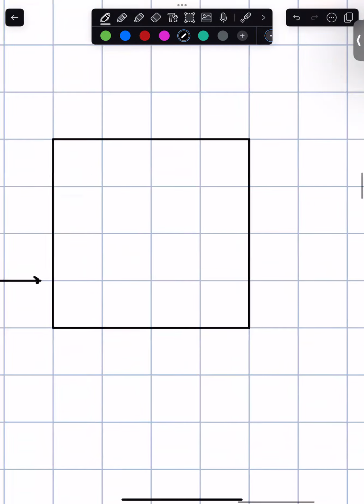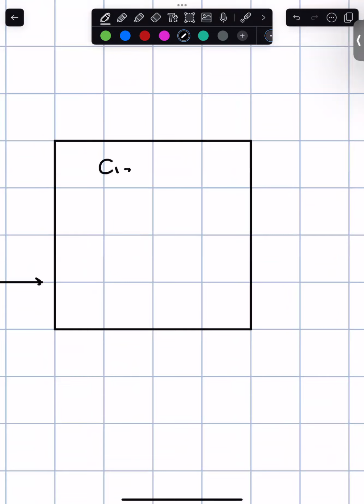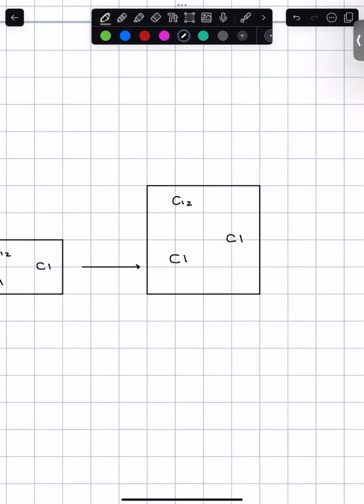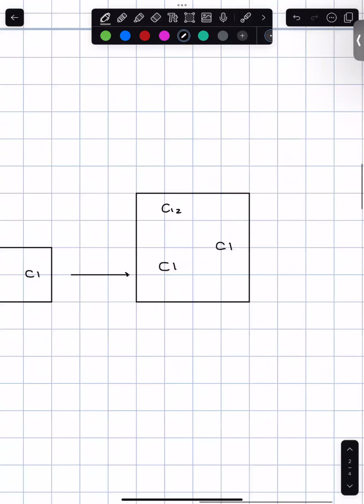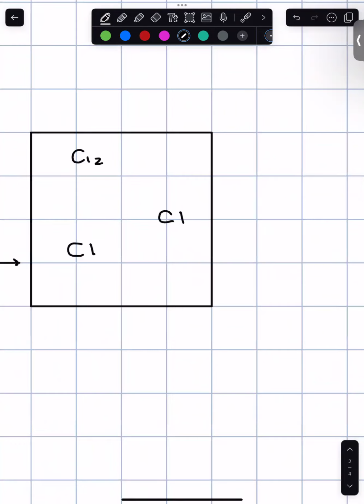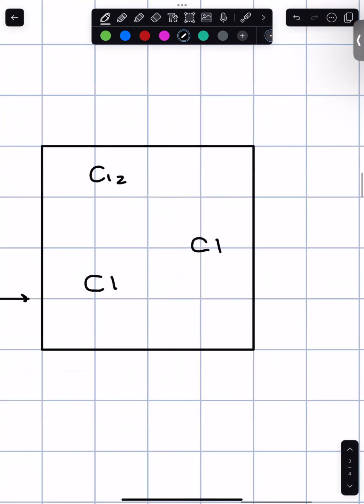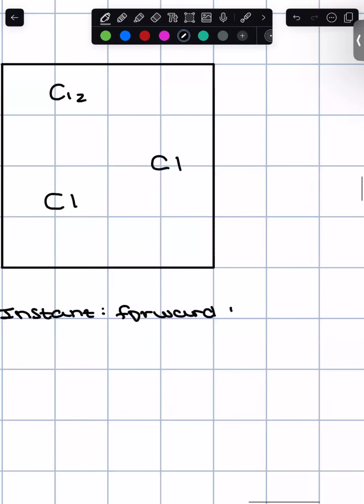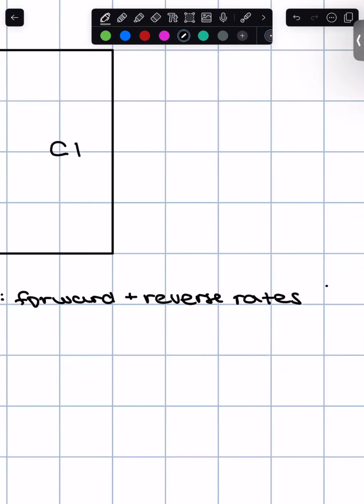And at that very instant, we have the same number of molecules. Now, we've already talked that we're shifting right. We're going to produce more of these dichlorides. But what I want you all to understand here is that when you increase the size of a container, at that instant, forward and reverse rates decrease.